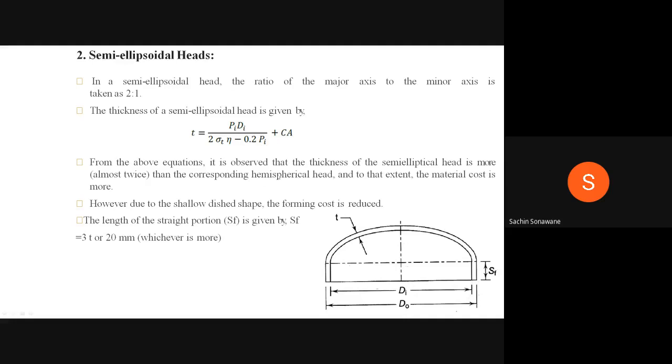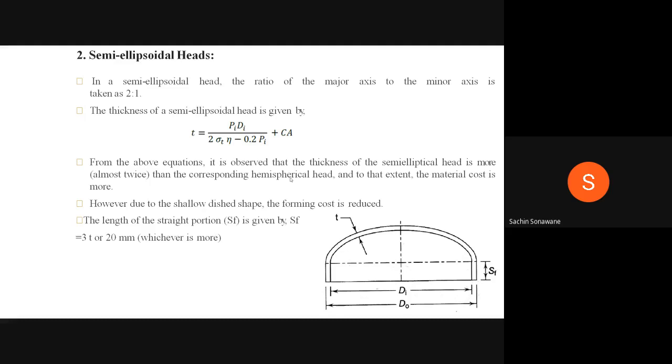From the above equations, it is observed that the thickness of the semi-ellipsoidal head is more, almost twice, than the corresponding hemispherical head, and to that extent, the material cost is more. However, due to the shallow dished shape, the forming cost is reduced.